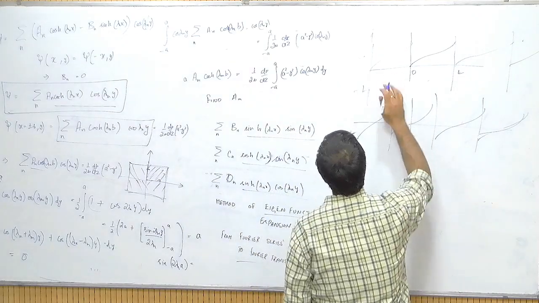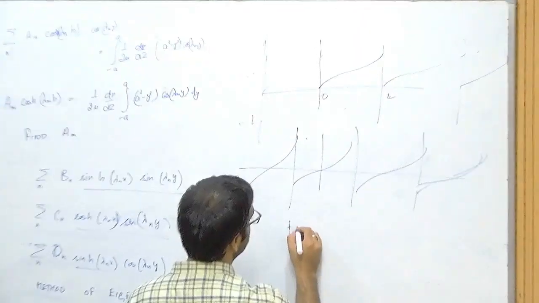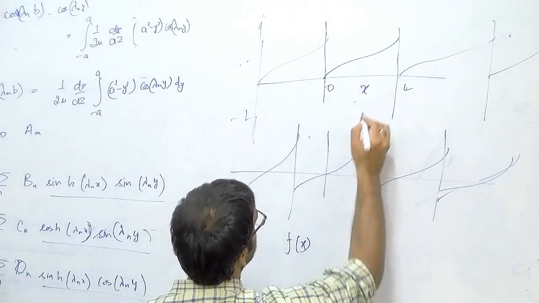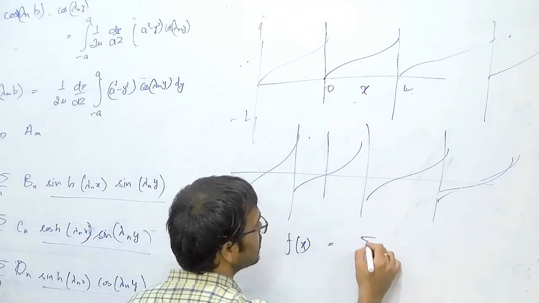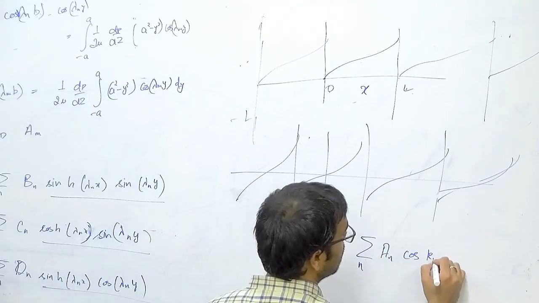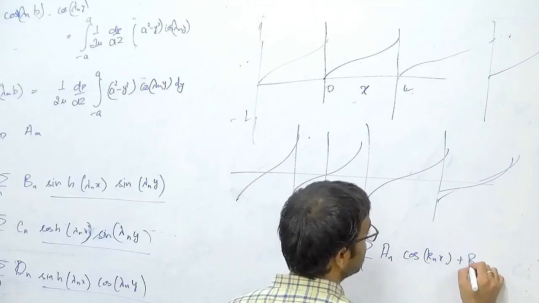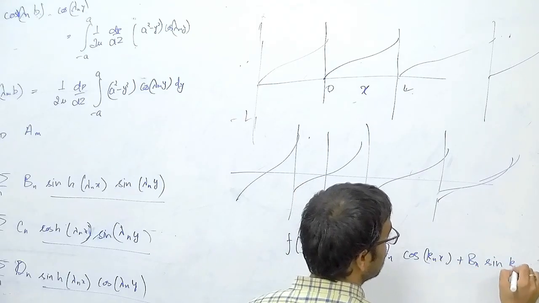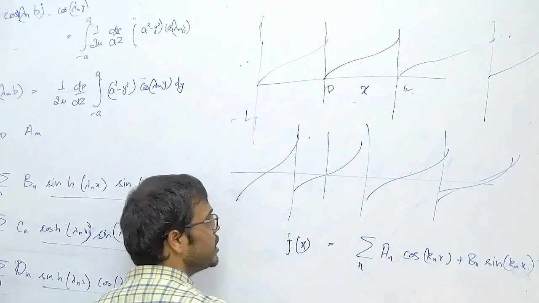So the idea is that usually, how do we write a Fourier series? Let us say this is your function. You will say that it is some expansion, an cos knx plus bn sine knx. This is what your Fourier series looks like.